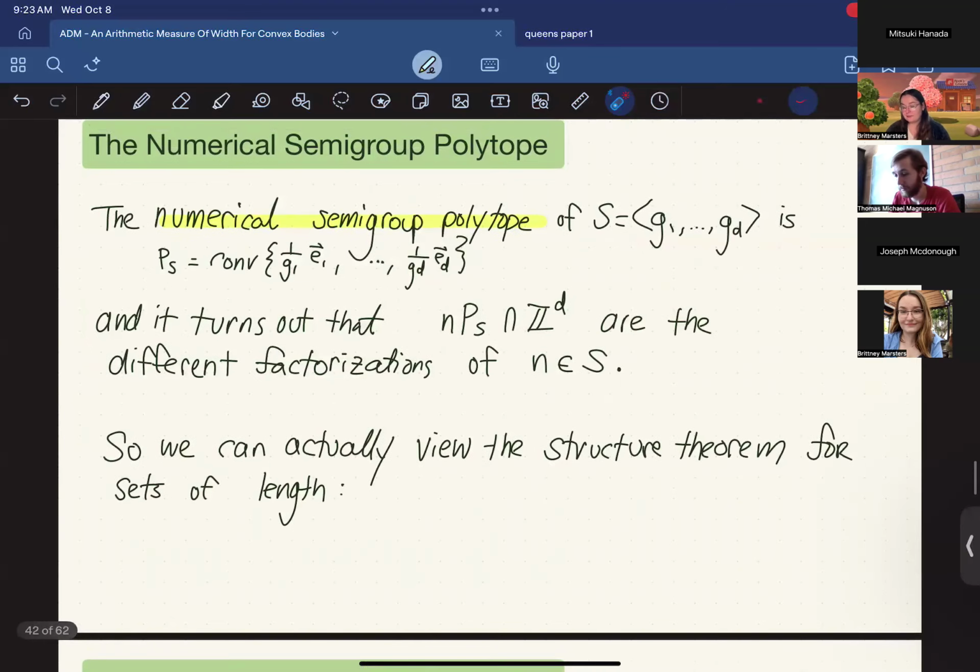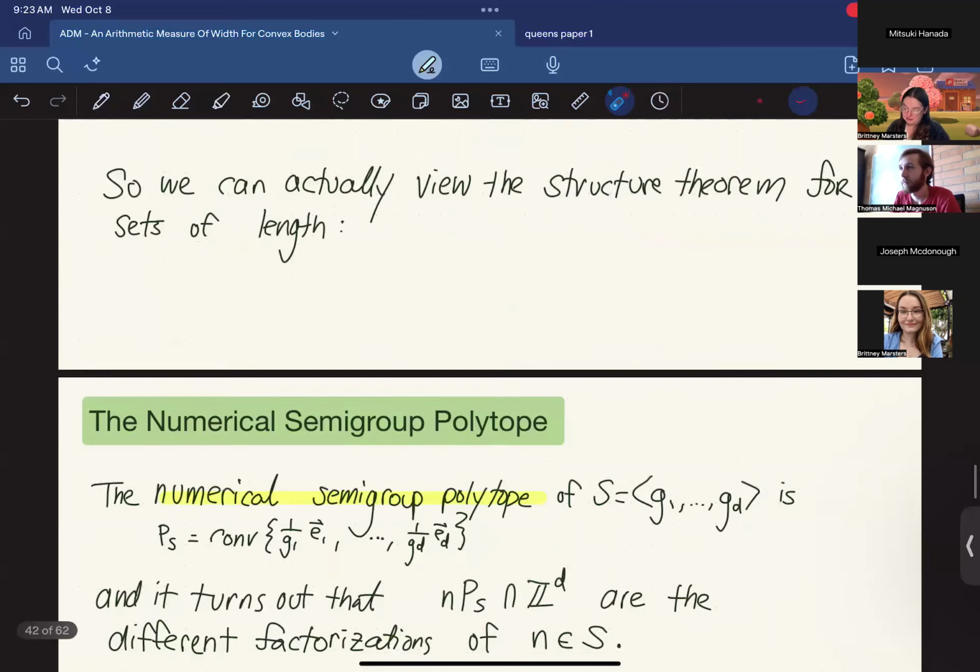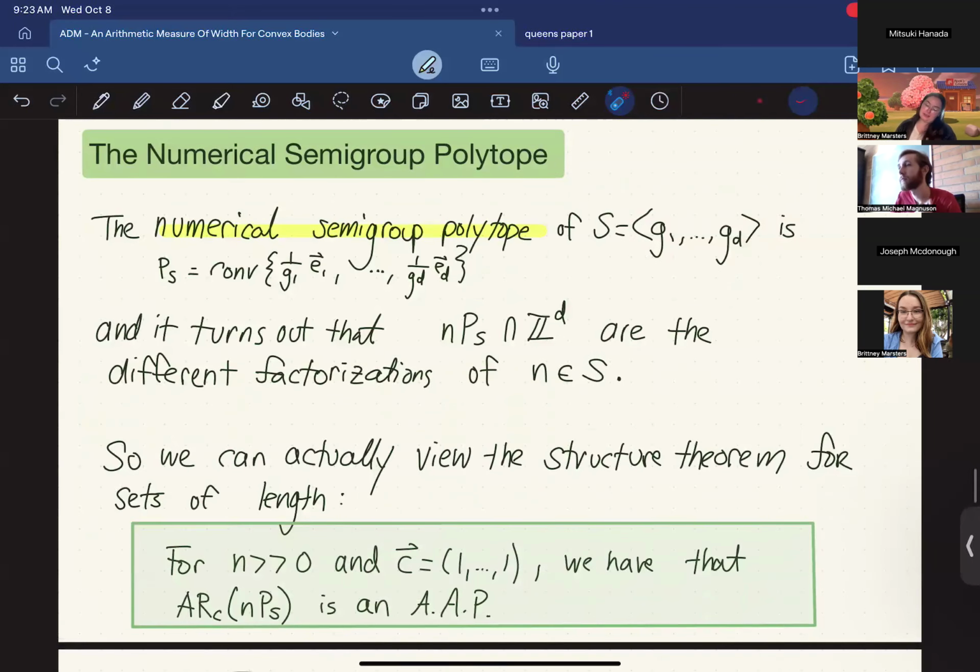So we can actually view the same giant structure theorem for sets of length as follows, which is saying if you take a sufficiently large element in the semigroup and you fix your direction vector to be the all ones vector, then the arithmetic range of the nth dilate of the numerical semigroup polytope in that direction is just an almost arithmetic progression. Okay. So now we have a big structure theorem about one specific type of polytope.